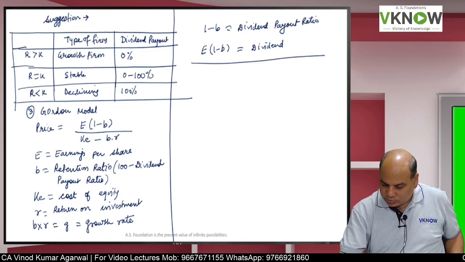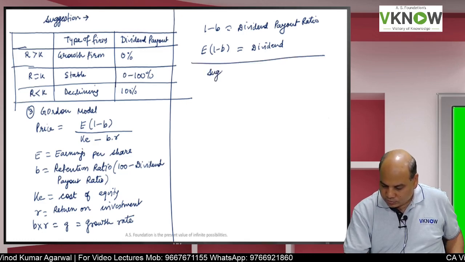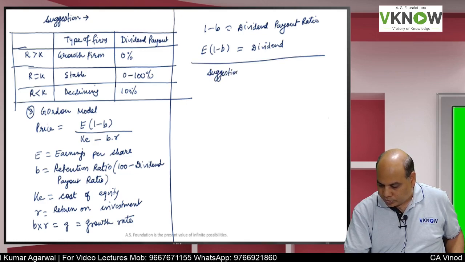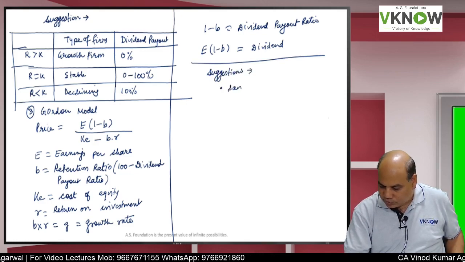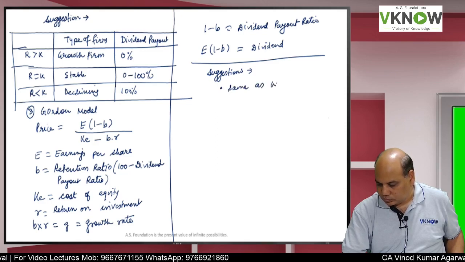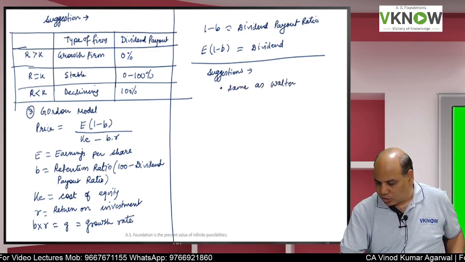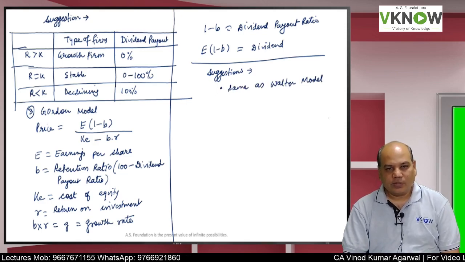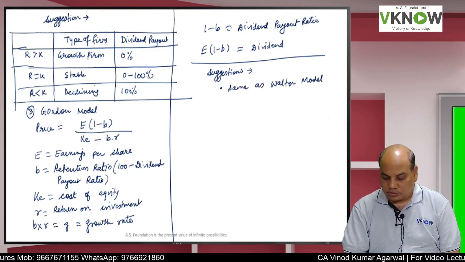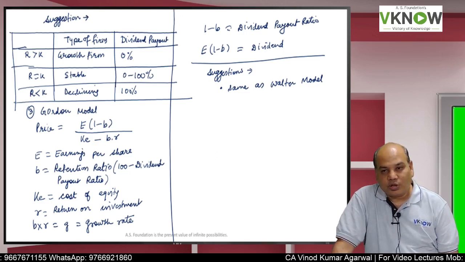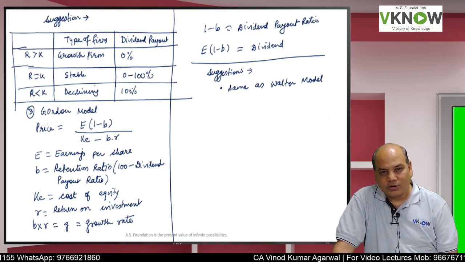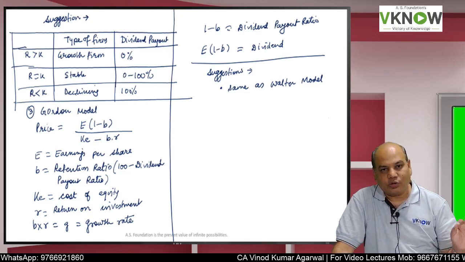Then write down suggestions. Write down in one line, same as the Walter model. I am not repeating again. If the firm can earn more than the cost of capital, it is better that the firm retains the entire earning, 0% payout.